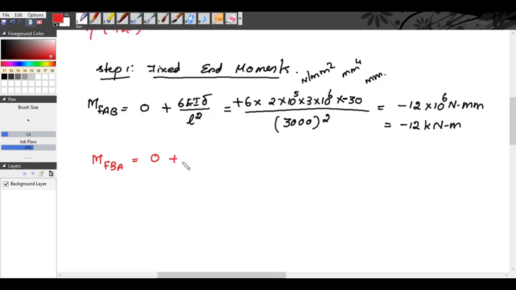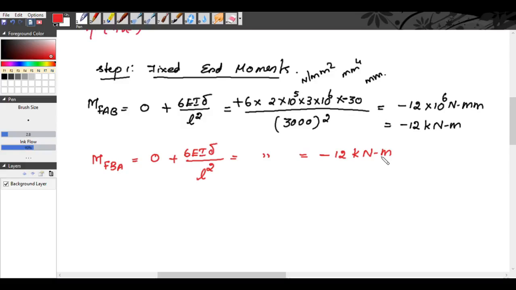So 0 plus 6 EI delta by L square. So we get the same value, there is no change. Again, that is also equal to minus 12 kilonewton meter.